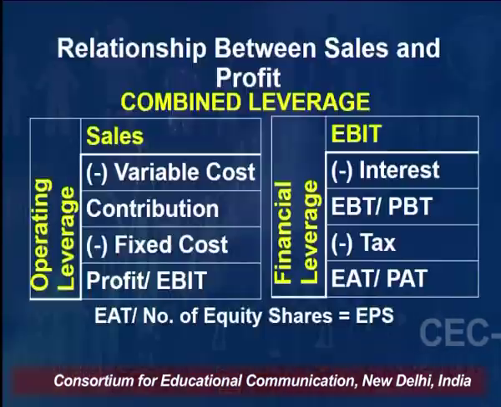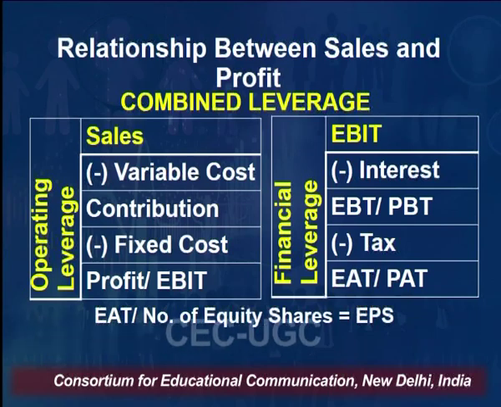To understand this more clearly, we should understand the relationship between sales and profit. We are extending the same example, and leverage is categorized into three parts in finance: operating leverage, financial leverage and combined leverage.